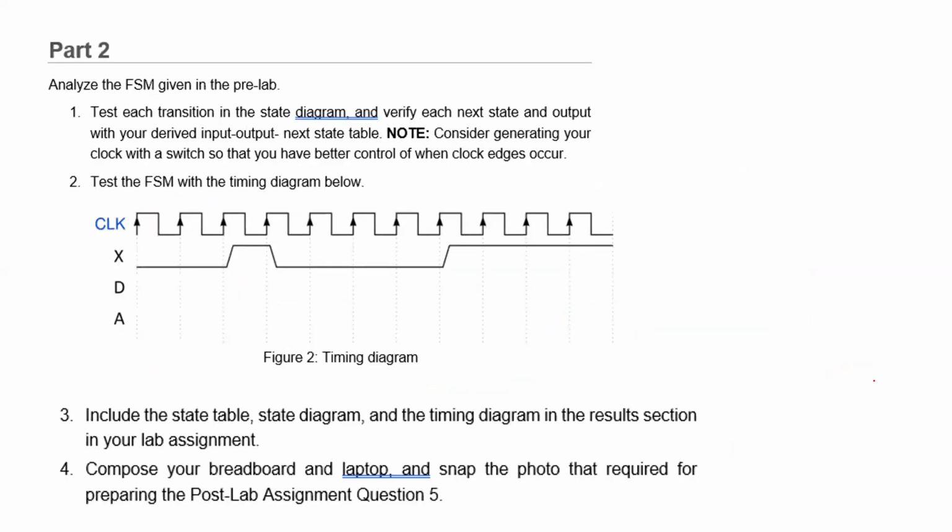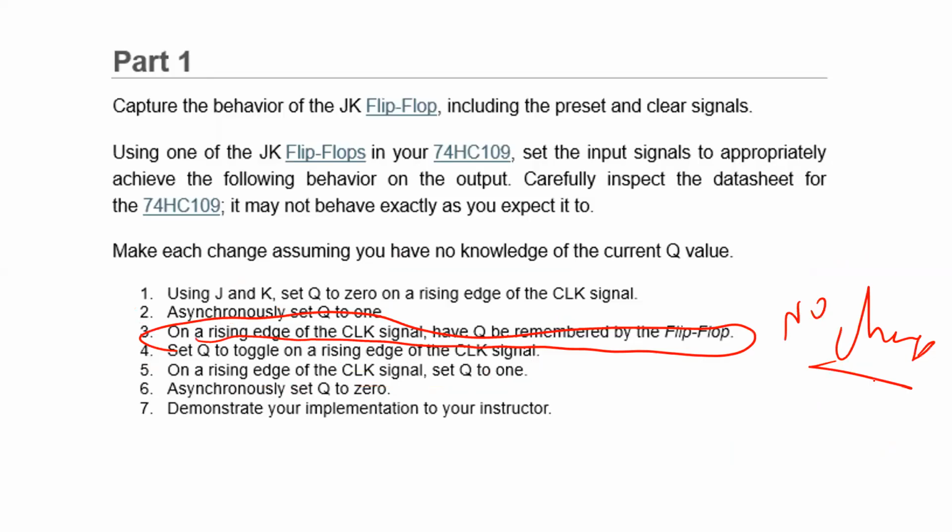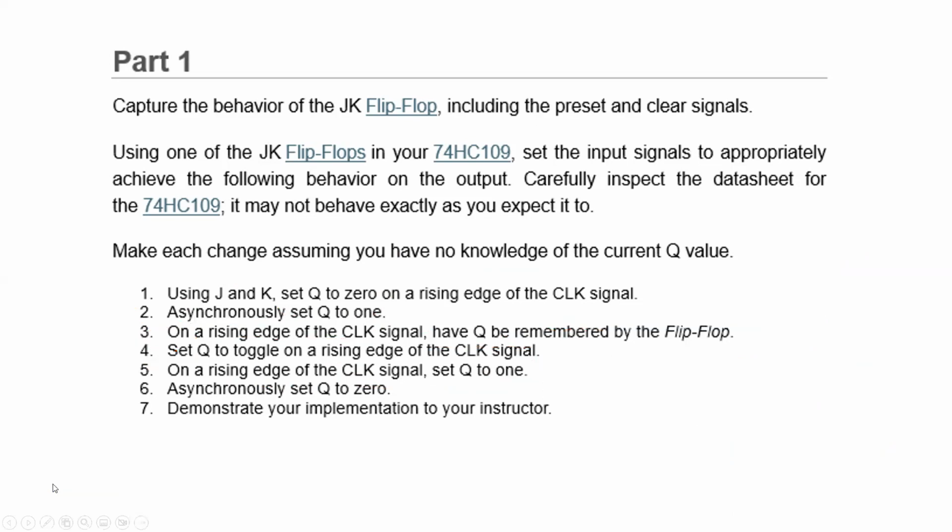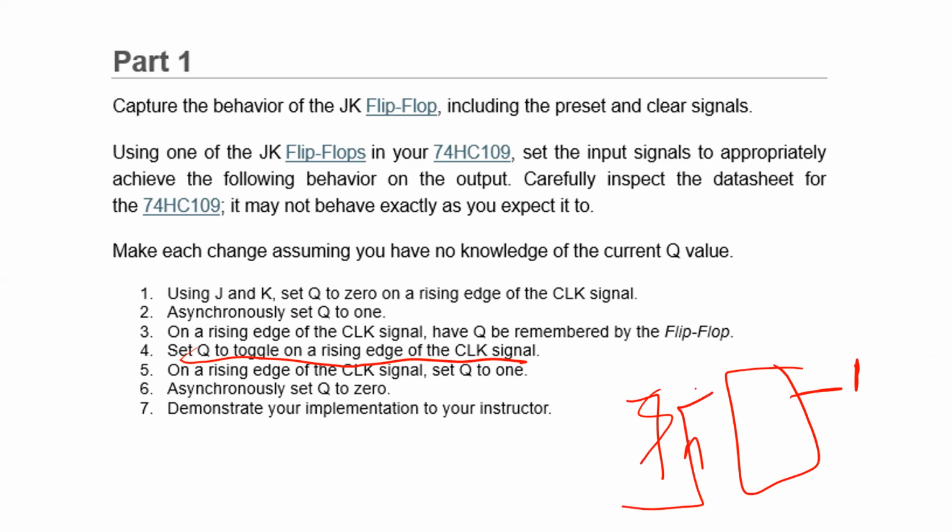Next one here, I'm asking you to make a toggle. So for example, you have a flip-flop and the output is already 1. Once a rising clock edge comes, it's going to toggle. That's it. That's what I want you to see.